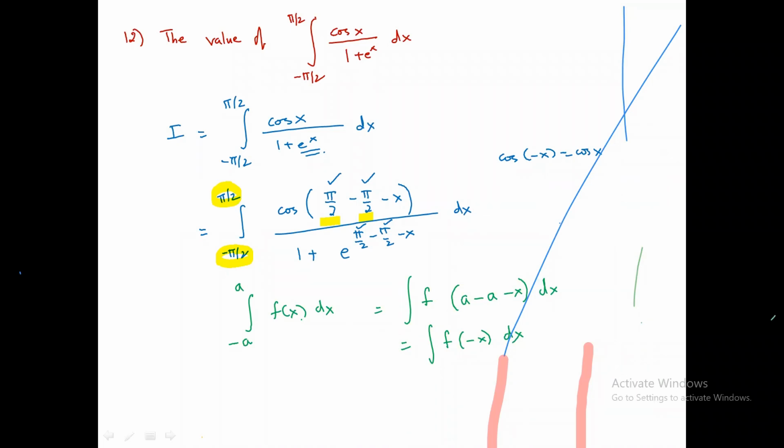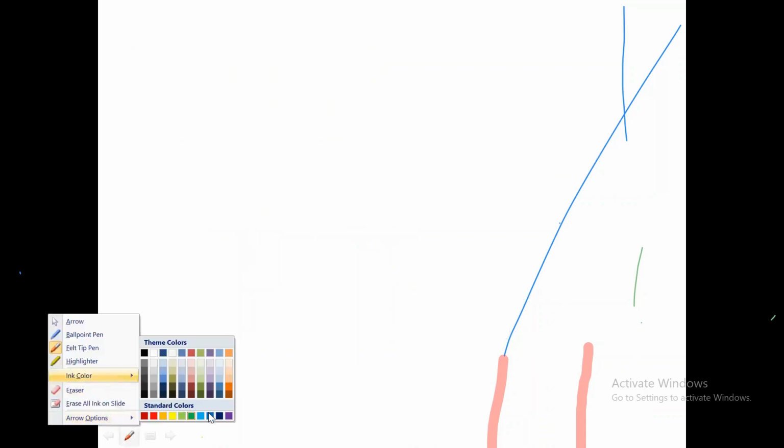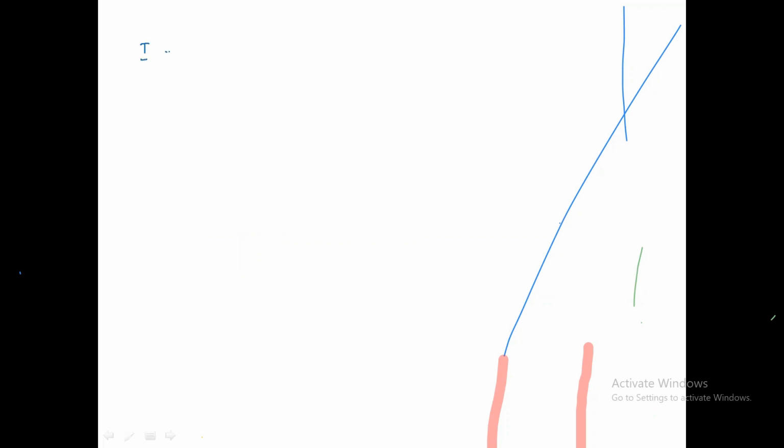Instead of f of x, I'm using the integral of f of minus x dx, keeping the boundaries the same. A and minus a I'm cancelling. So that is what I did here. This is the shortcut formula which I am using: instead of f of x, I'm using f of minus x. Okay.